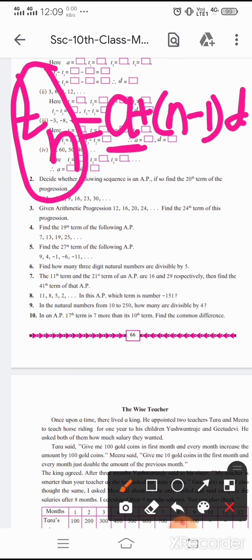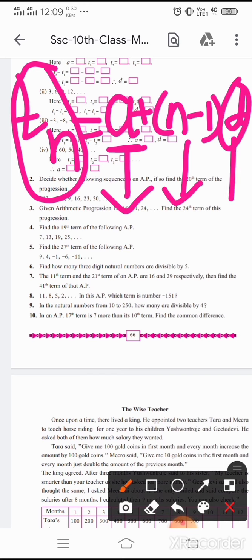This is your starting term, then n will be the number and D is your common difference. Clear?